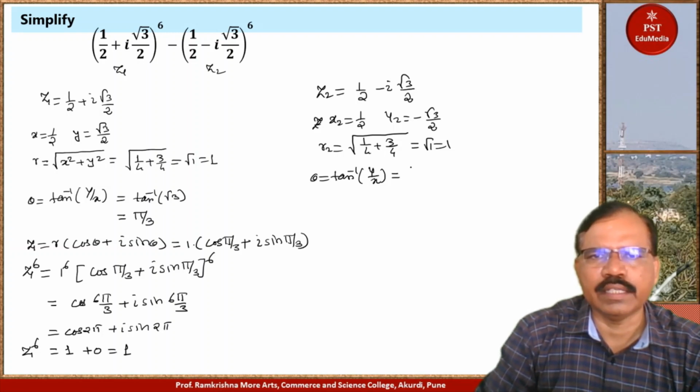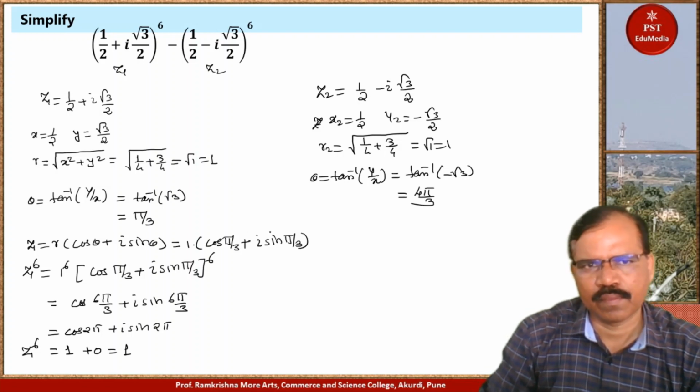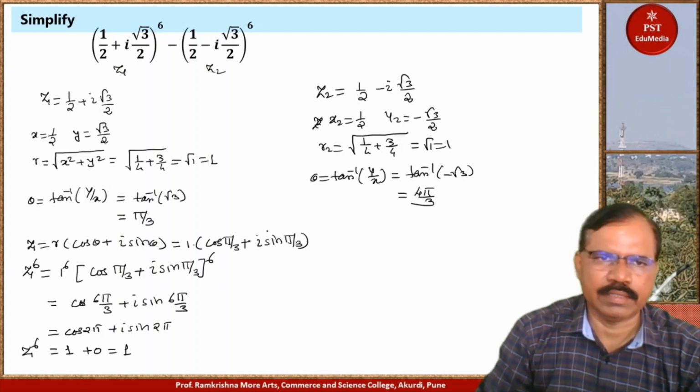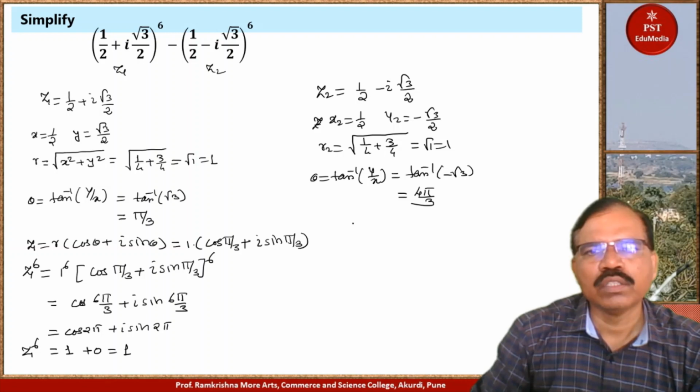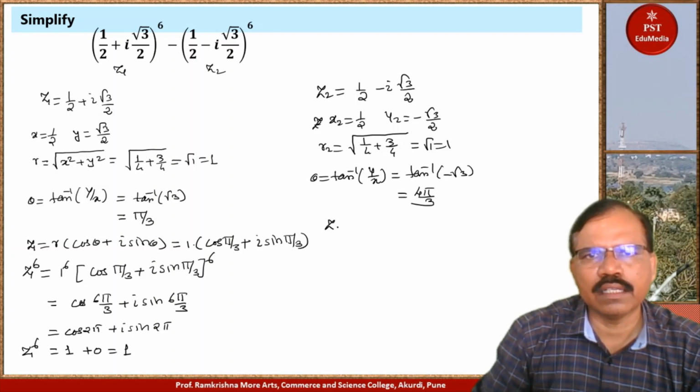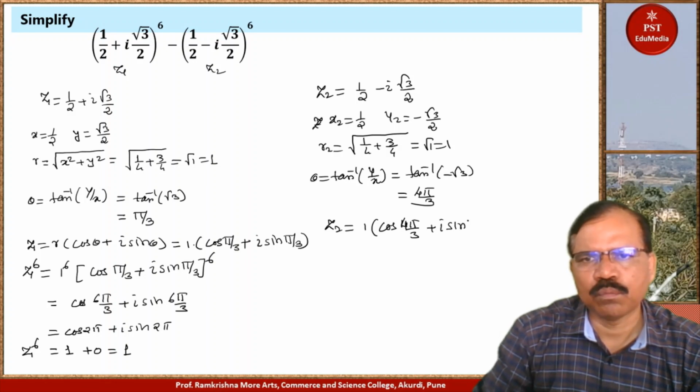So we get tan inverse minus root 3. Minus root 3 means we can take this as 4 pi by 3. So now z2 is equal to 1 in bracket cos 4 pi by 3 plus i sin 4 pi by 3.